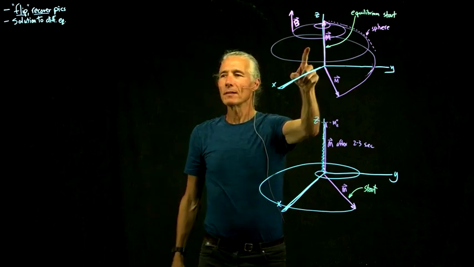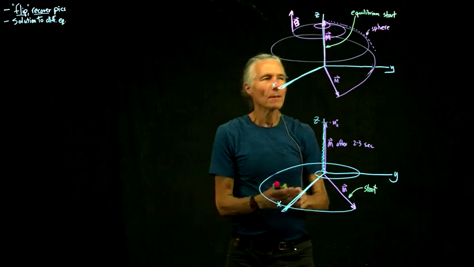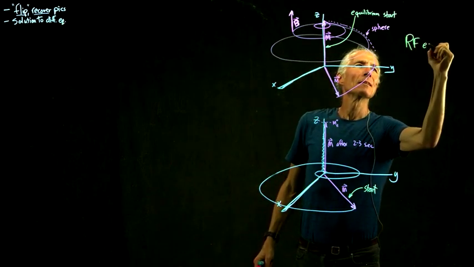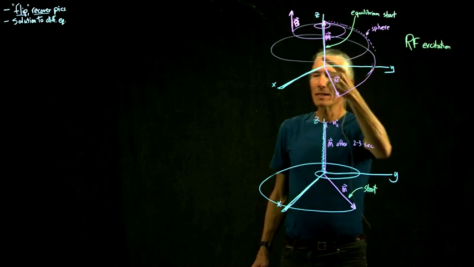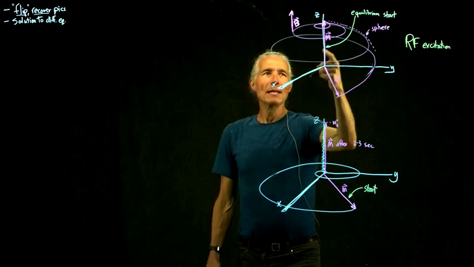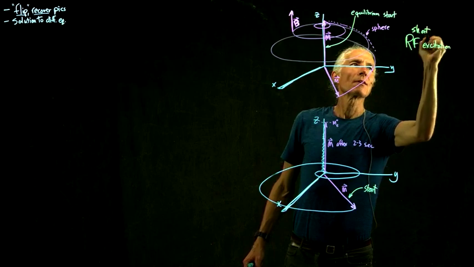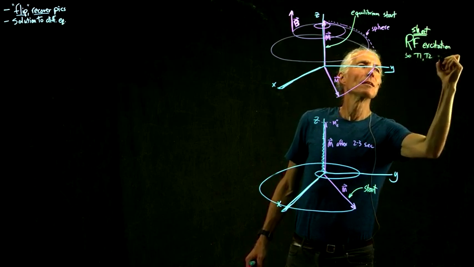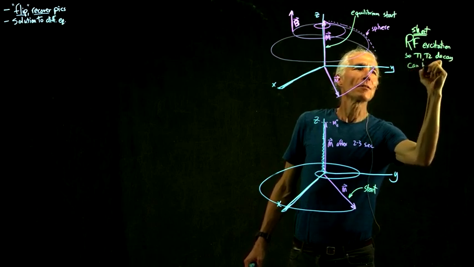The top one? No, the top one was RF excitation. T1 and T2 decay were occurring during this, but it's such a short time. So this is a short RF excitation, and T1, T2 decay can be ignored.